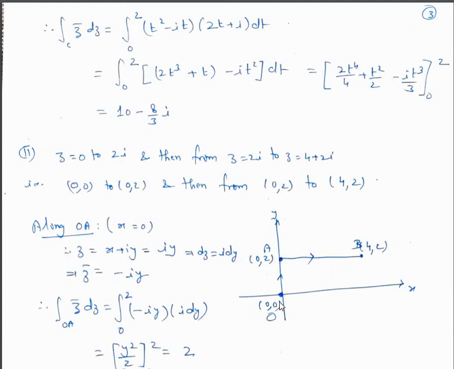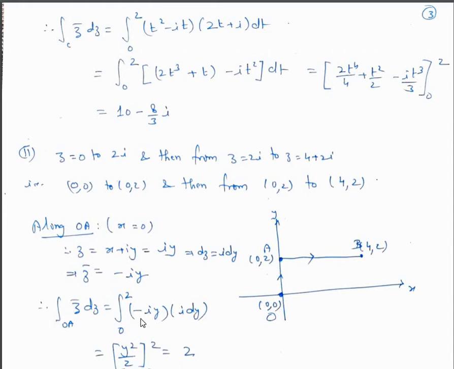Okay, let's do this. Now along OA, x is 0. So z is equal to x plus iy, which is equal to i into y. So dz is i times dy, and z bar is minus iy. So the integral along OA of z bar dz is from 0 to 2, y varies from 0 to 2.